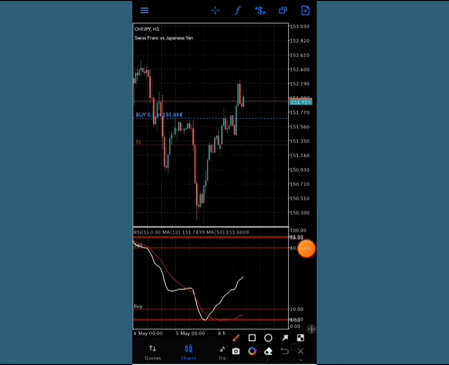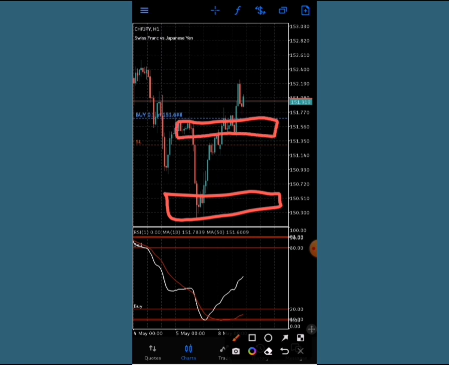Okay, let's look at the key level strategy, how it works. On the key level strategy, you consider the lowest point. This was the lowest point, and that lowest point began right here. So when price closed above, you expect it to continue bullish.